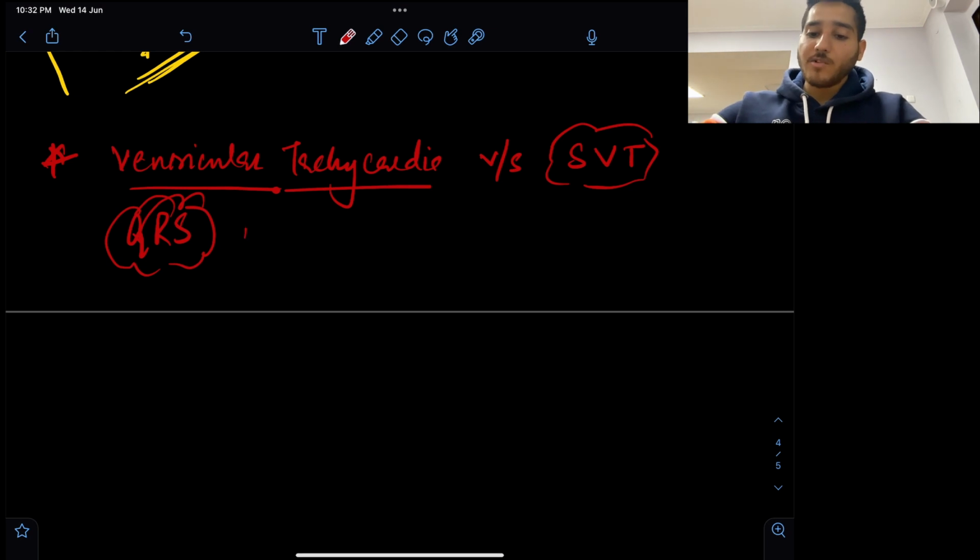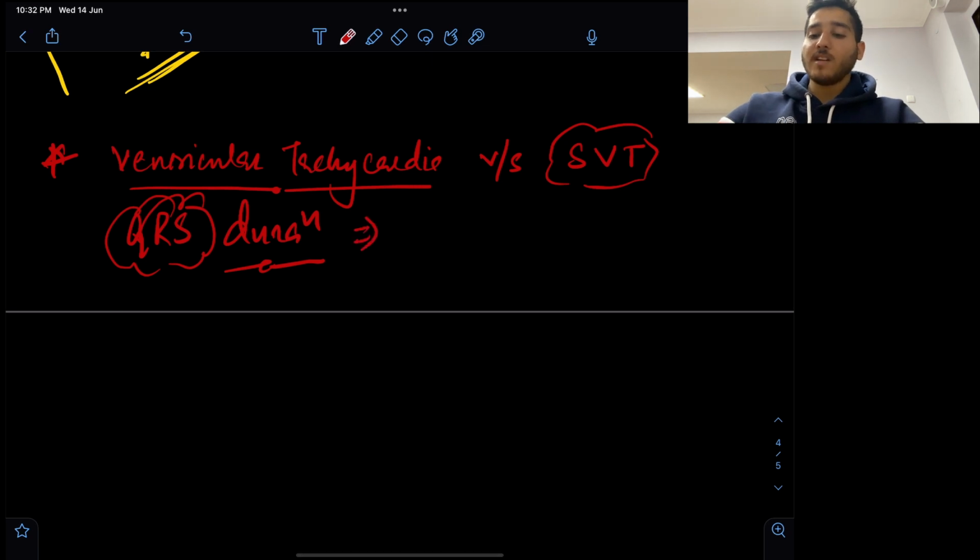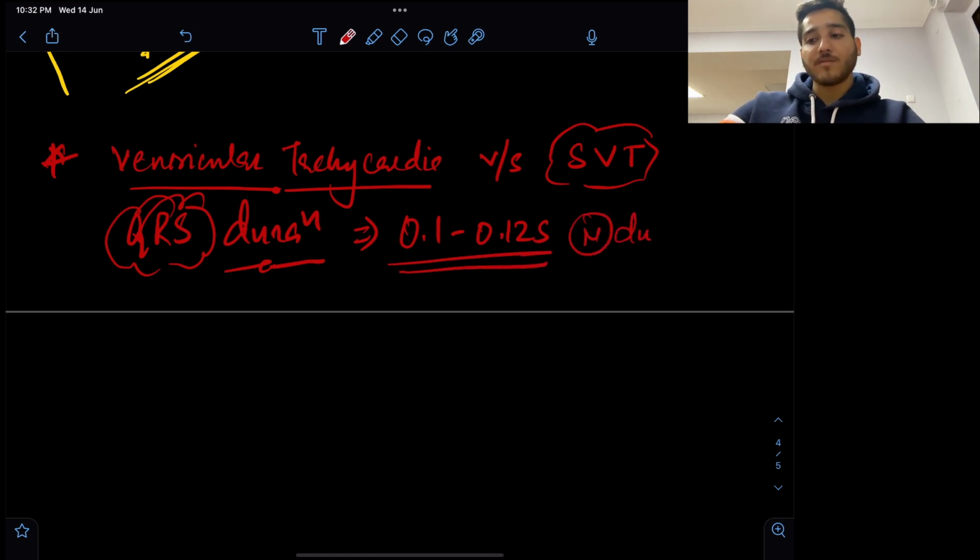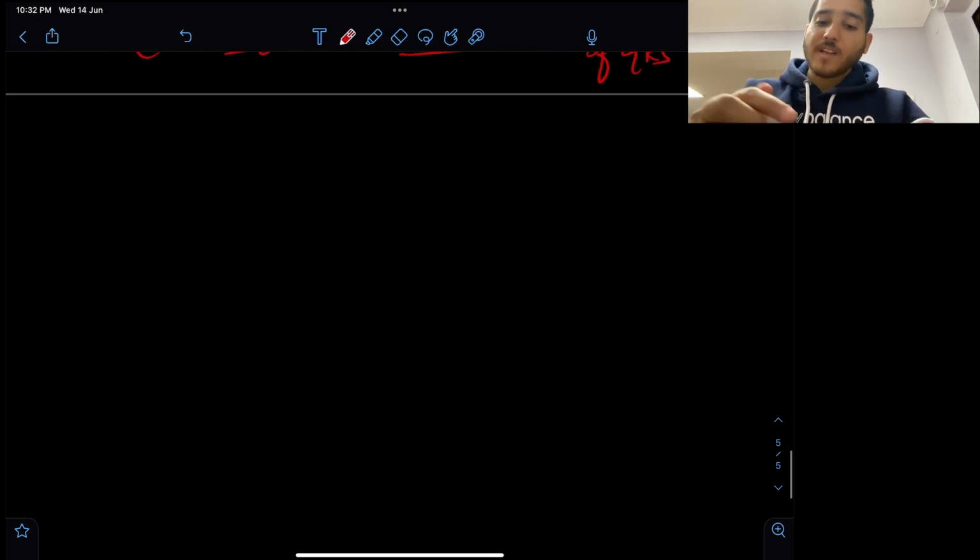Okay, so the duration of QRS lets you differentiate between ventricular tachycardia and supraventricular tachycardia. Normally the QRS duration is 0.1 to 0.12 seconds.